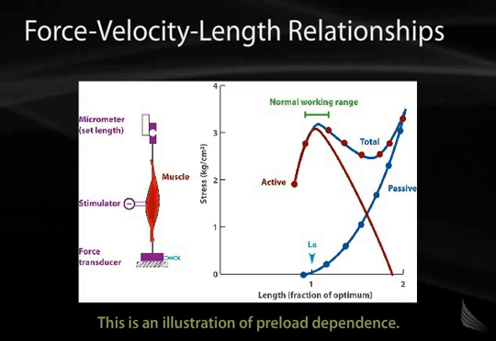If we were to put a rubber band into this experiment and we pulled on it, it would also pull back. So if we wanted to separate these two different processes, the active and the passive, we could repeat the experiment, put this muscle back on the apparatus, and rather than stimulating it to contract, we can just stretch it and see how much tension is produced by that muscle.